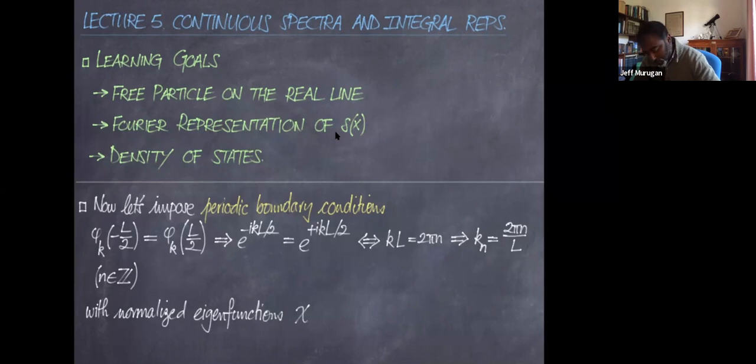So chi n of x is 1 over root L e to the i k n x. And as a quick calculation, in class exercise, if you want, for you guys, I'd like you to compute the normalization factor.